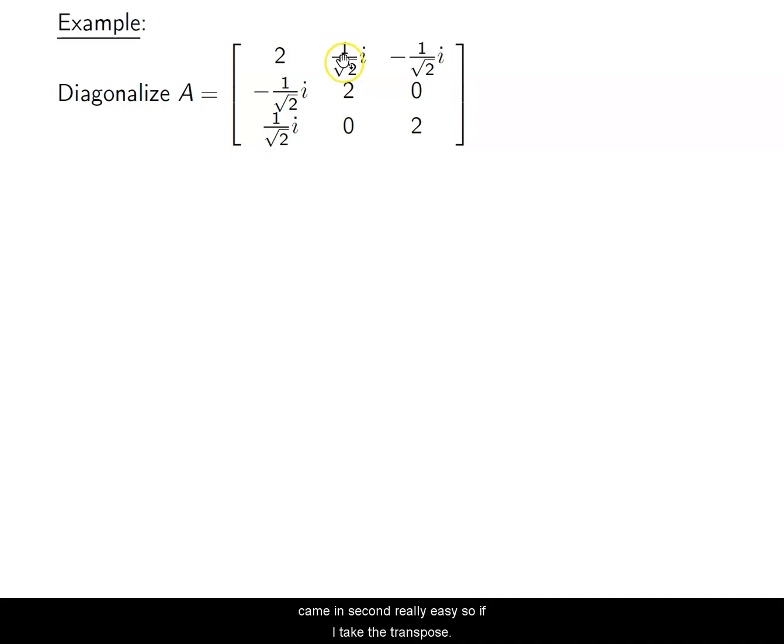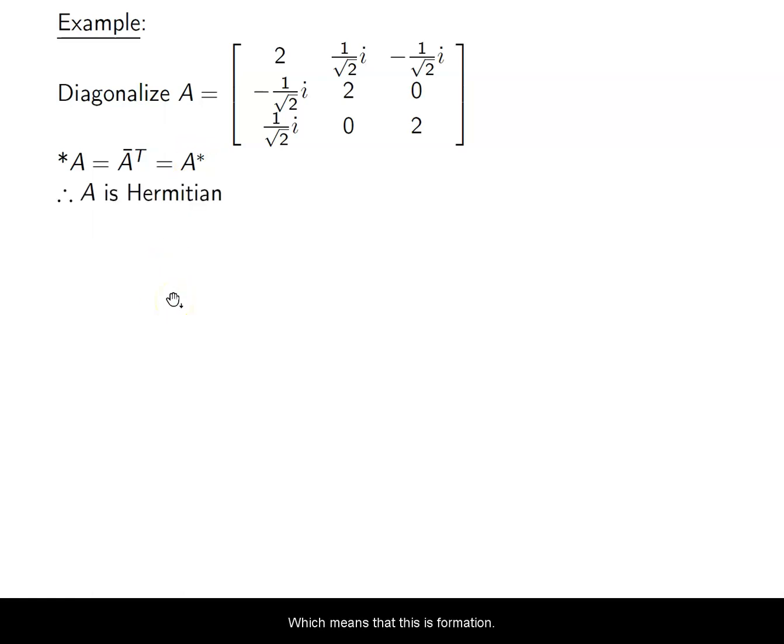If I conjugate this and then transpose it, I will get the same thing as A, which means that A conjugate transpose is the same as A star, which means that this is Hermitian.